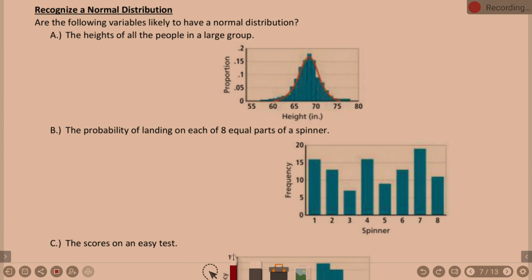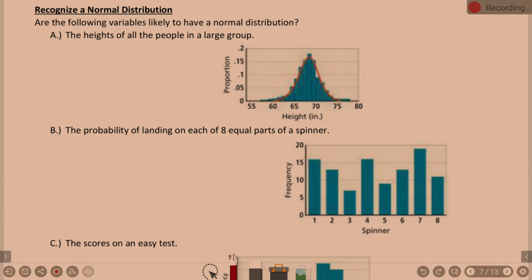Think about the variable here. We're talking about the heights of all the people in a large group. We have some short people and some tall people. But in general, most people are average. So you've got the shorter people and the taller people, but there's going to be a big chunk of people in the average category.